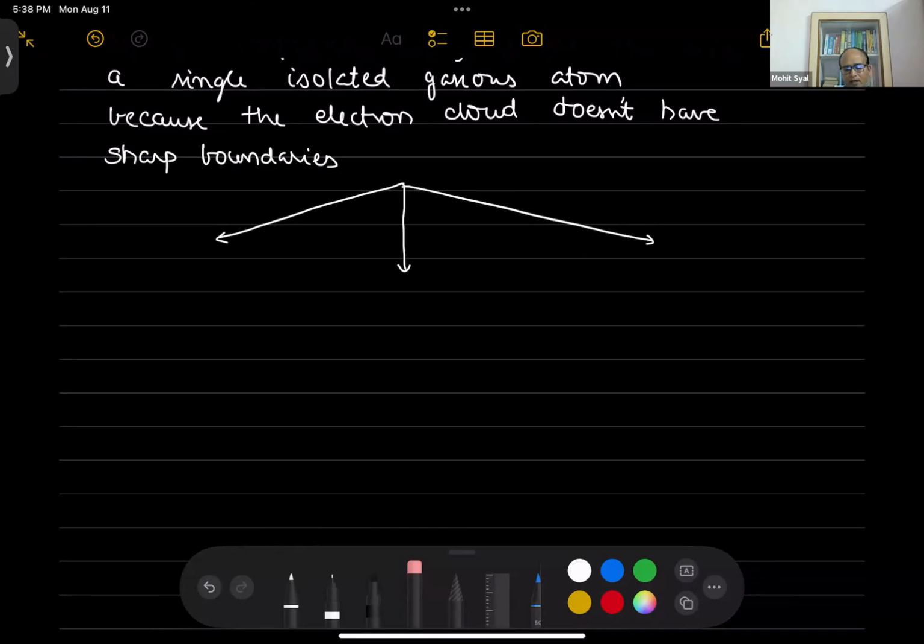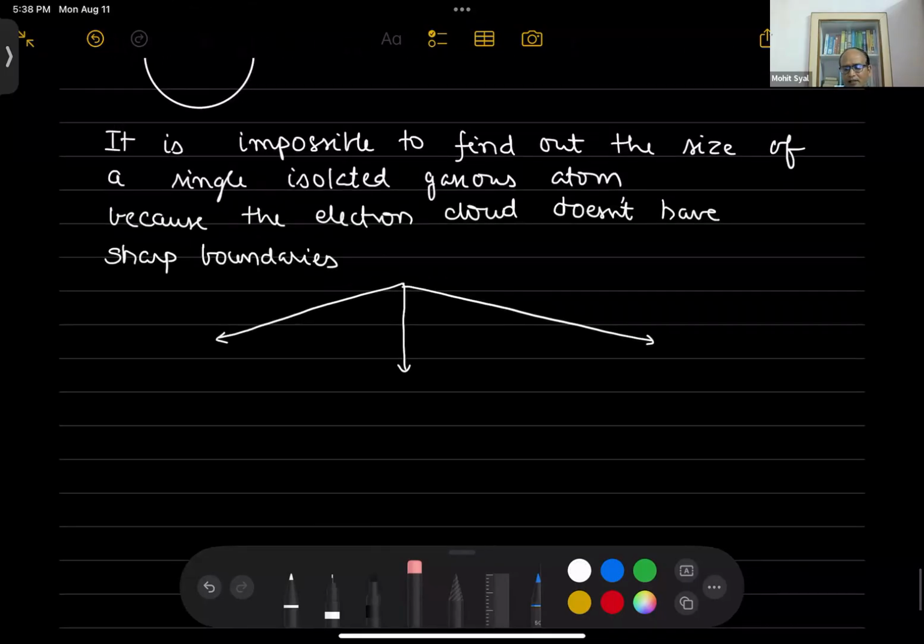So you will have atomic and ionic radius. Atomic radius first we can discuss.